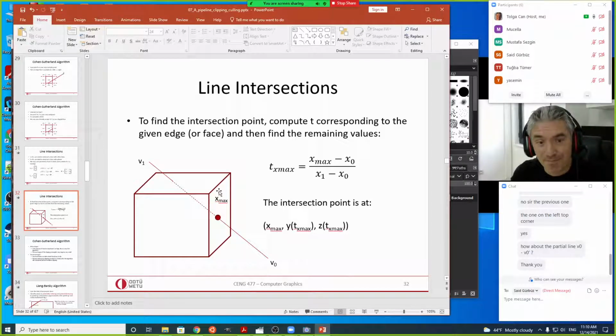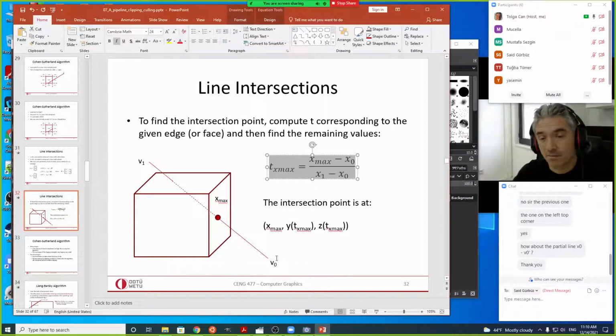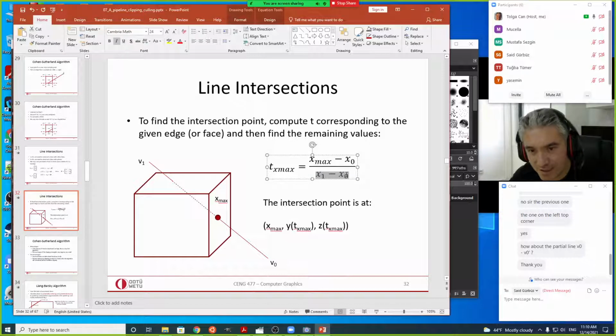x equal to xmax is our plane for the right clipping plane. We just plug xmax into our parametric line equation and find the t value for that line equation. Parametric lines in 3D are still one-dimensional. x is equal to x0 plus (x1 minus x0) times t. So this, as in the previous equation, was d, the direction of our line.